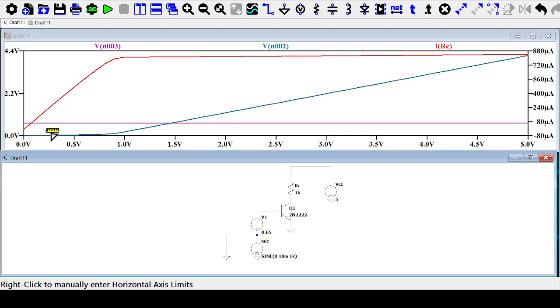So here is the saturated region, because the BC junction is forward biased. And right from here going, the base collector junction becomes reverse biased, and we have some linearity.